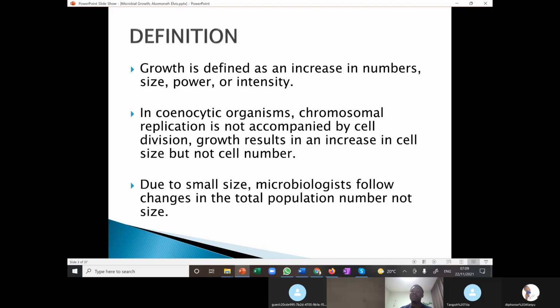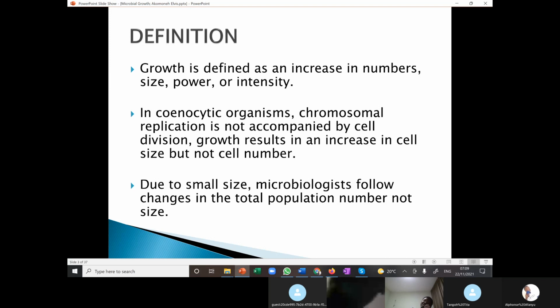But in microorganisms, when we refer to growth, we don't look at an increase in size, but generally at an increase in cell number. Because they are too small for us to observe a noticeable change in size, we instead measure microbial growth by counting the cell number.